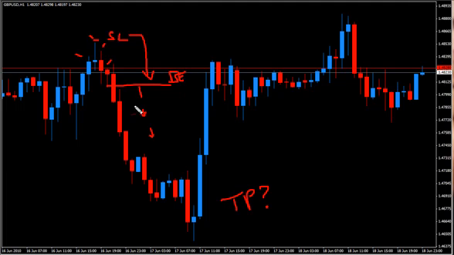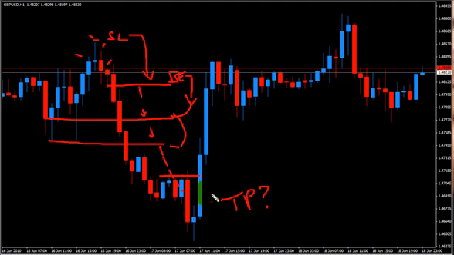As it keeps moving to newer lows, I can then move my break even price down to maybe around about here. And as the market keeps moving down, I will keep on moving my stop loss down and down and down until it gets triggered, and that's it, it will close my trade out at a profit for me.